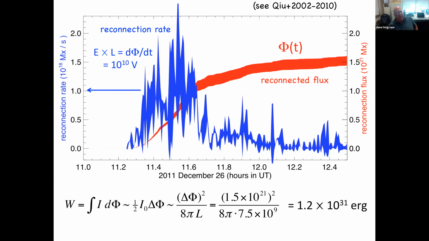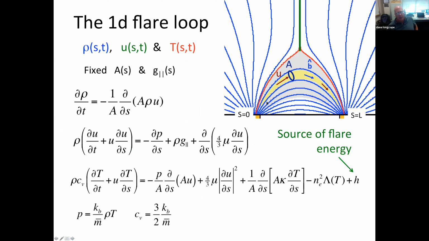Okay, so that's everything I'm going to say about the release of energy, because the real action, as I tried to indicate, is when this energy enters the flare loop. We're going to skip over the part where the energy is actually added, and I'm going to put in an ad hoc source, H, and that stands for steps 1 and 2.